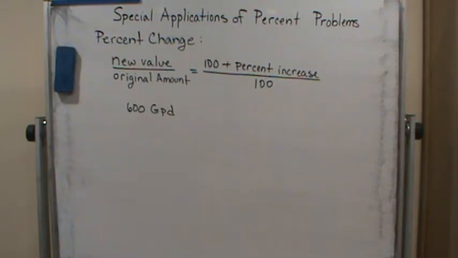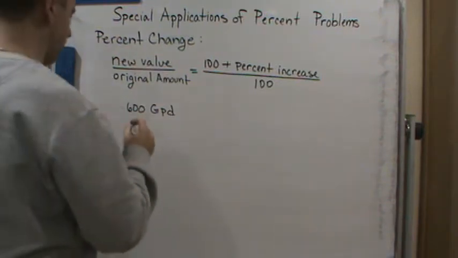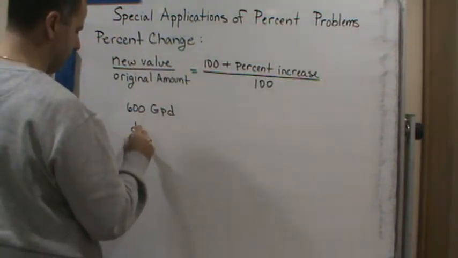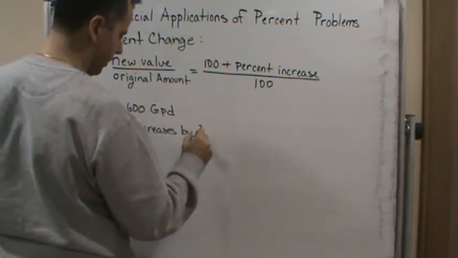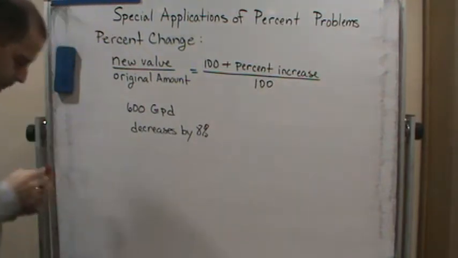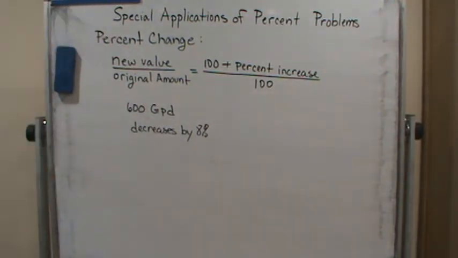If the output decreases by 8%, so output decreases by 8%, now it asks, what is the new output?